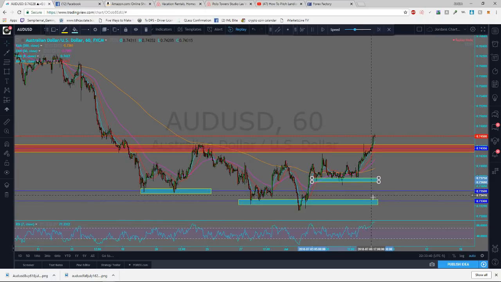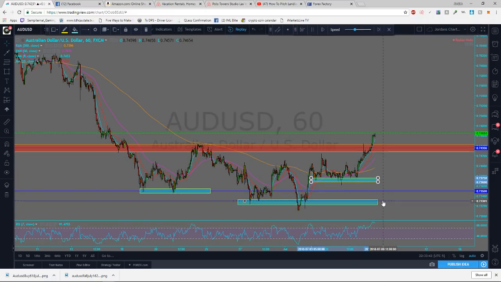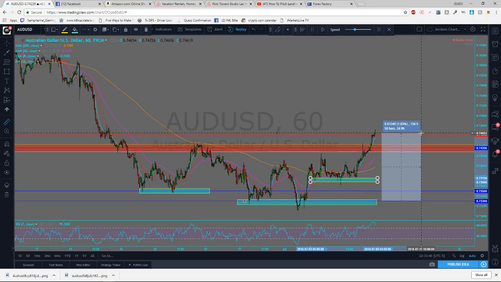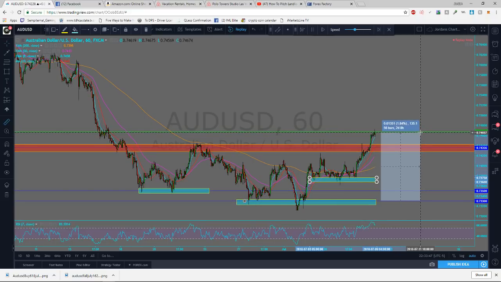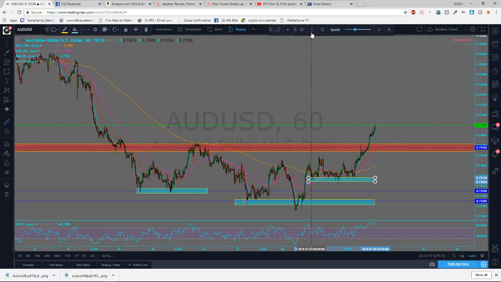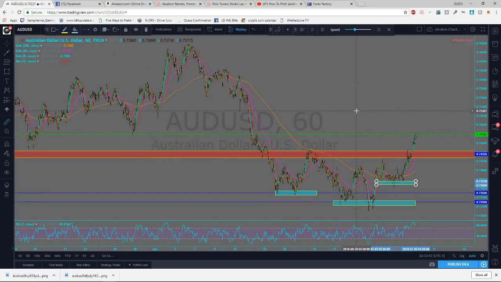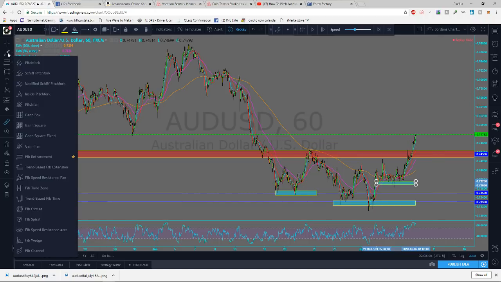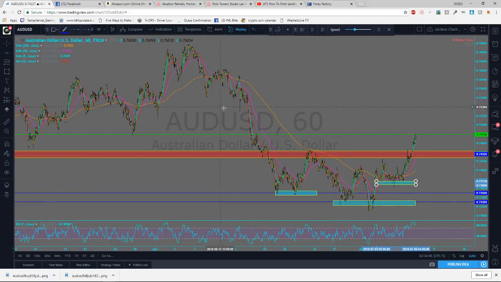We are up 134-ish pips right now, right? So what would be a good take profit, in your opinion? Maybe since you took profit here in this area at 7435, maybe another good area could be off of past structure.